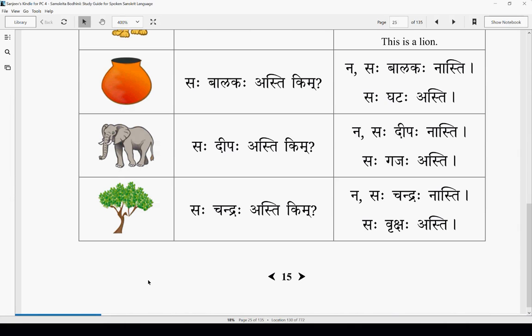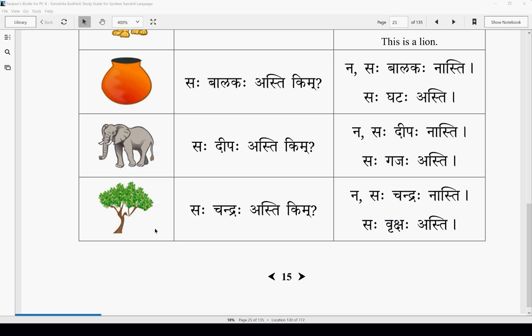So all of these words which are used here are pullinga, and they are ending in a and visarga, like balakah, ghatah, deepah, gajah, chandrah, vrukshah. So what does deepah mean? Lamp or light? Yeah, light. Chandrah, moon. So this is not a moon.